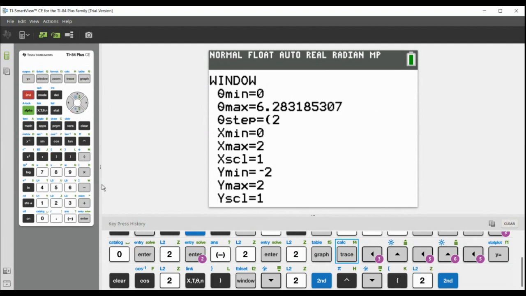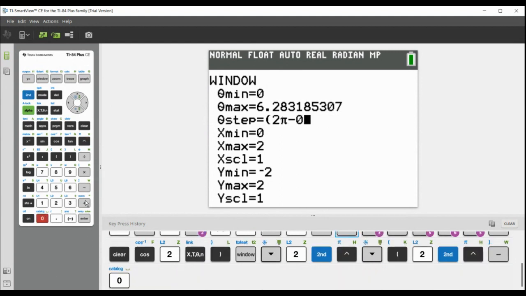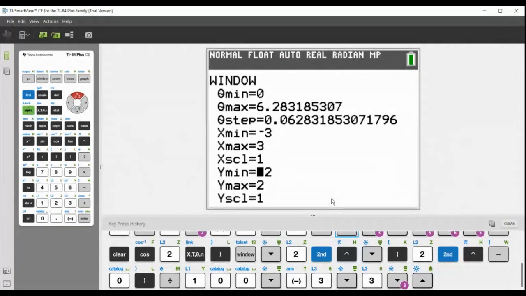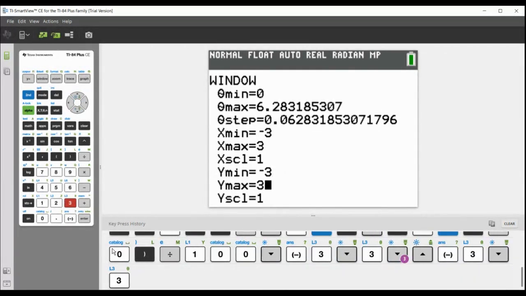And then for my theta step, I'll take 2 pi minus 0, theta max minus theta min, divided by 100 points. And then x min, I'll let be maybe -3. x max will be +3. Y min will be -3. Y max will be +3. Okay, and we'll graph that.